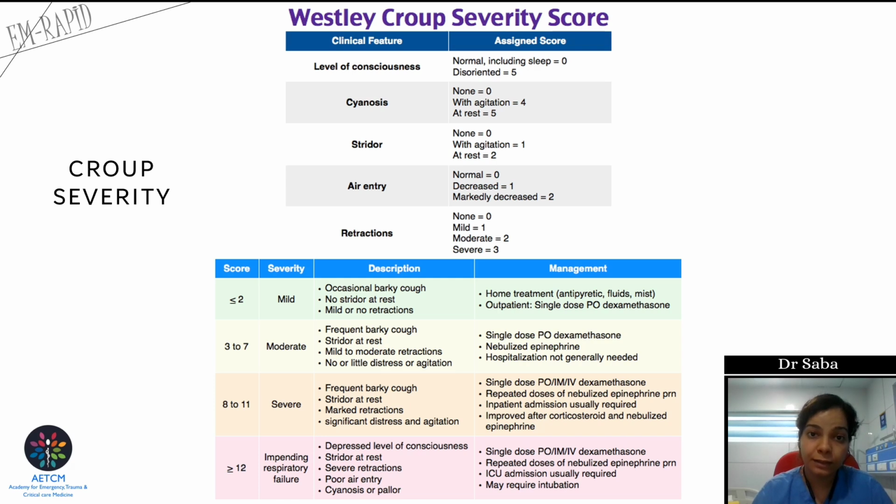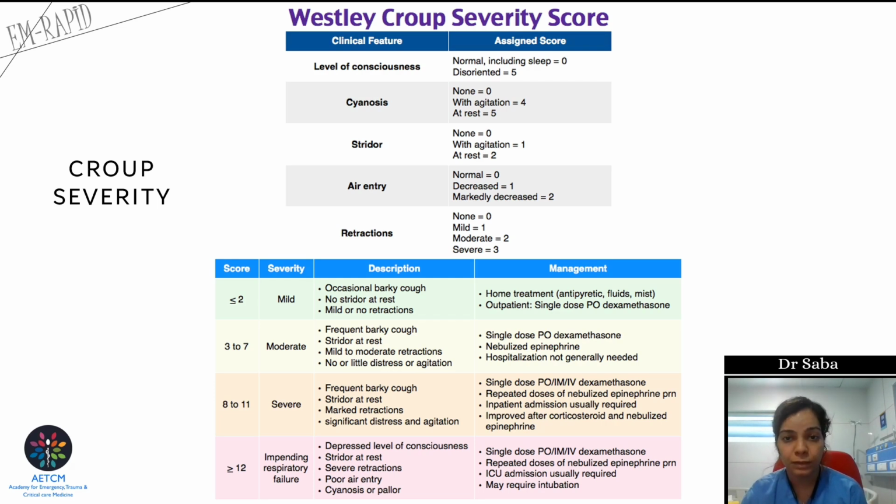And depending upon which category the child falls under, management varies accordingly. So let's just say if the child is in the mild category, that is the score is 2 or less than 2, then we just treat the patient on an outpatient basis, and a single dose of dexamethasone is prescribed to the child.